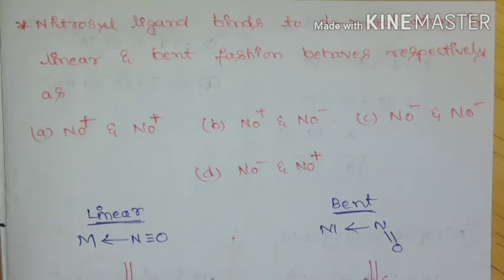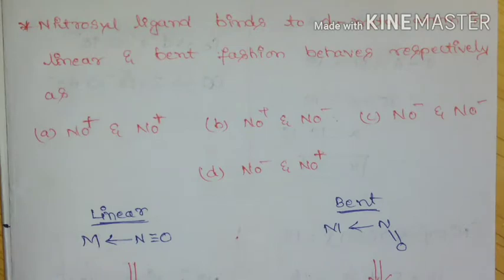a nitrosyl ligand binds to a d metal atom in linear and bent fashion, behaves respectively as. The nitrosyl ligand is very important because it is going to coordinate to the metal in 2 different fashions, and for those 2 fashions in the neutral method the electron contribution will be different, so this ligand is very, very important.